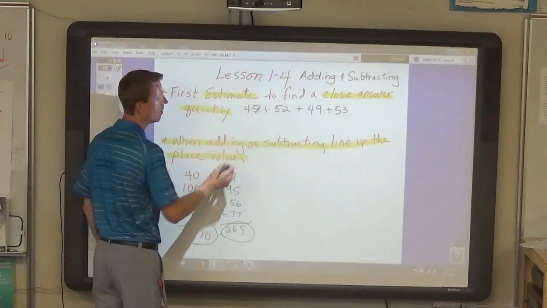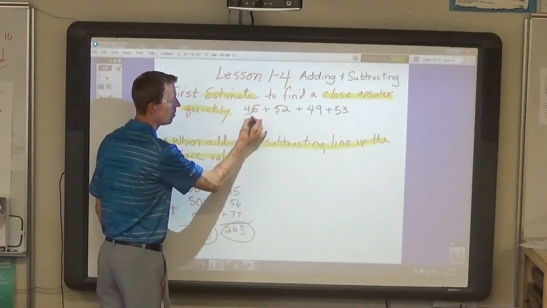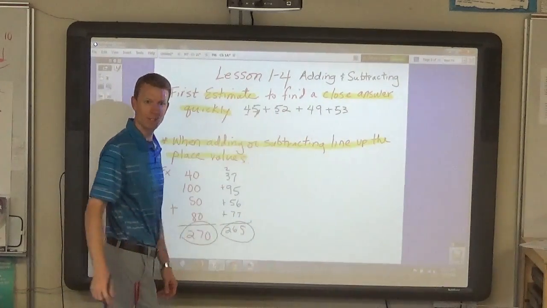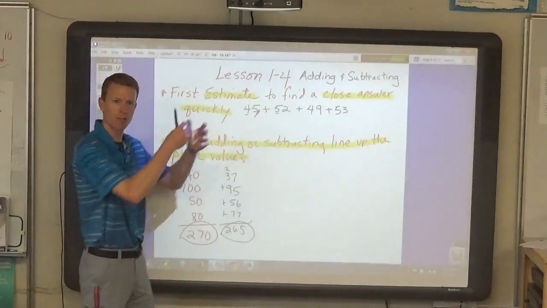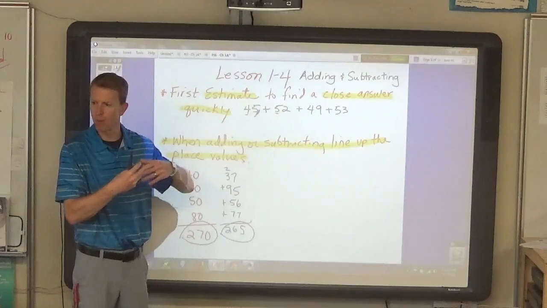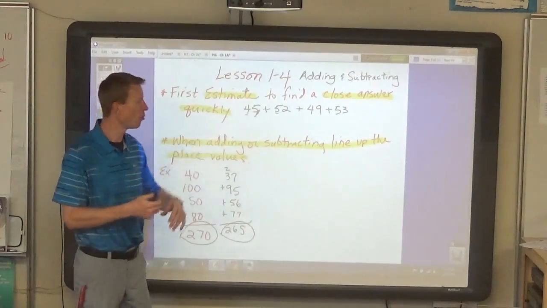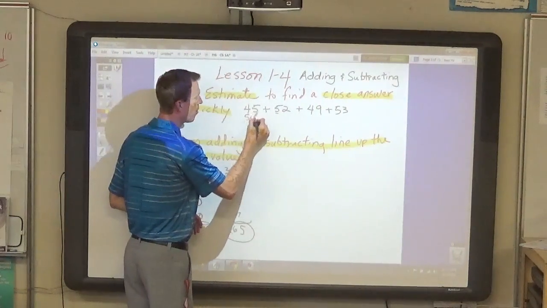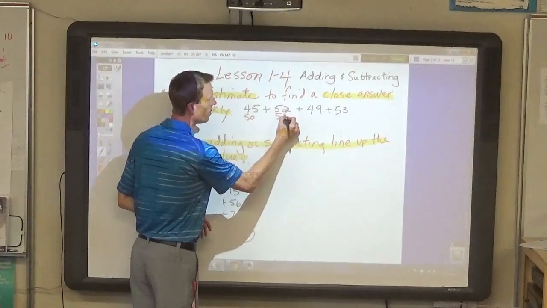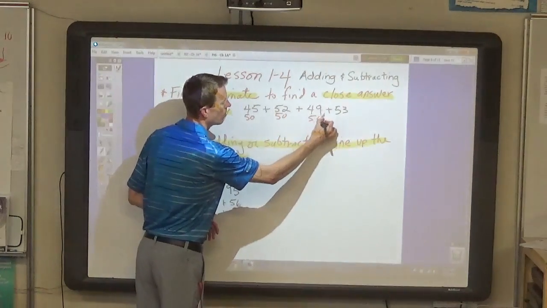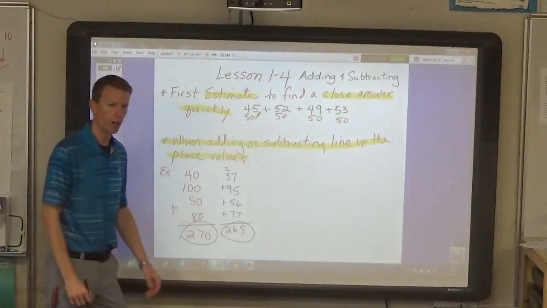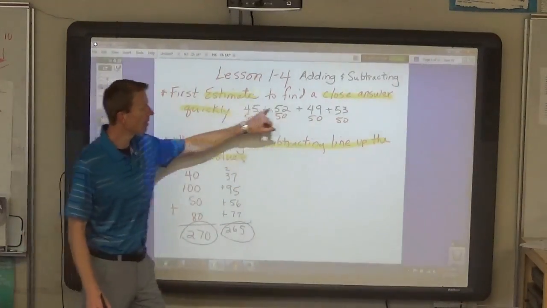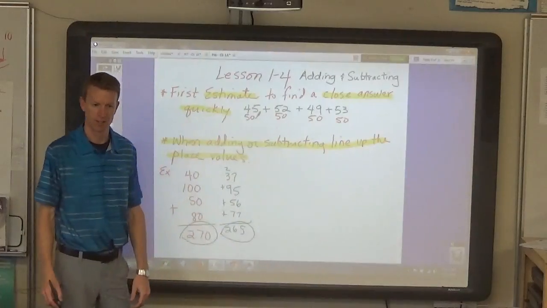Bella? 40. 40 or? I mean 50, sorry. Or 50. Yeah, which one is actually? 50. Probably 50 would be closer, because some of them are above 50, some of them are below 50. So 50 is in between. If we rounded all of these to 50, and then multiply by 4, you could estimate this answer before starting.